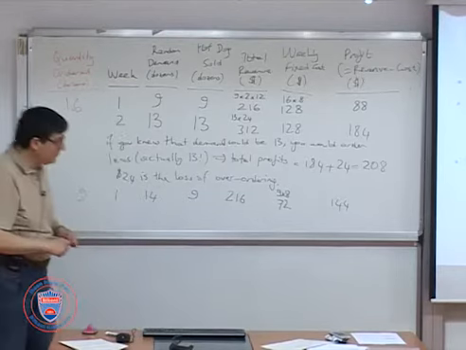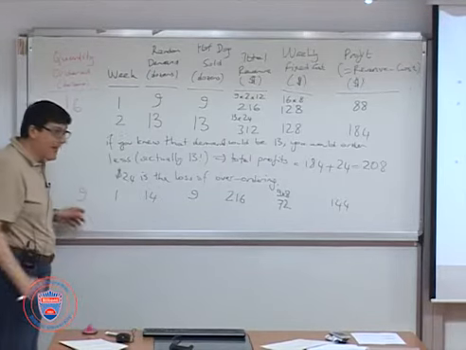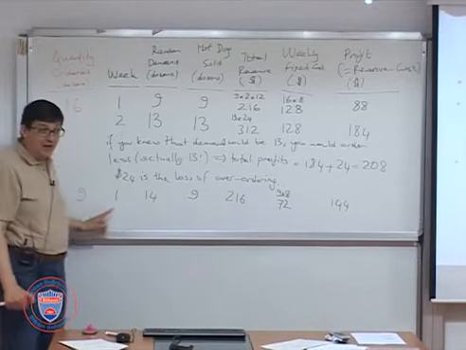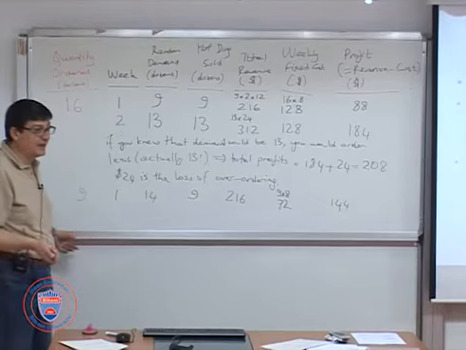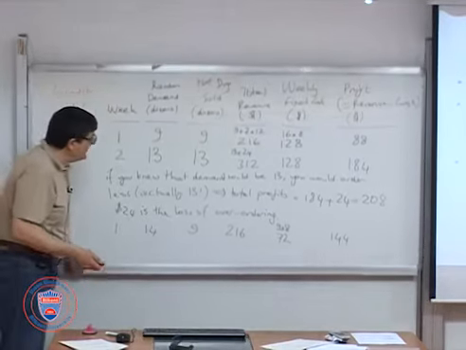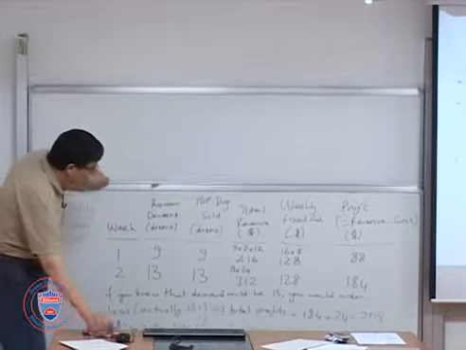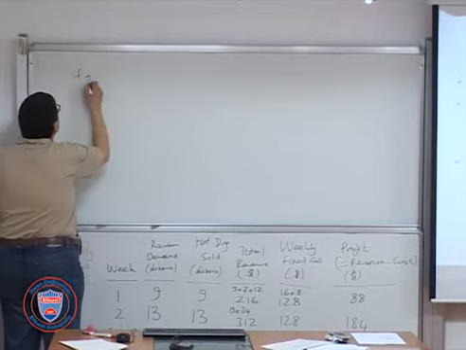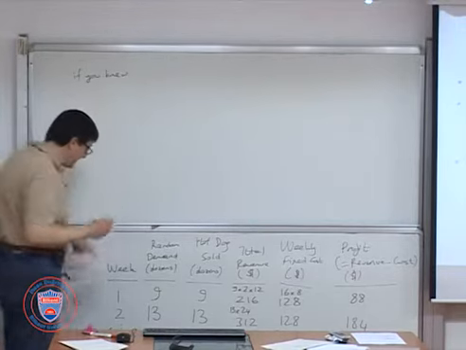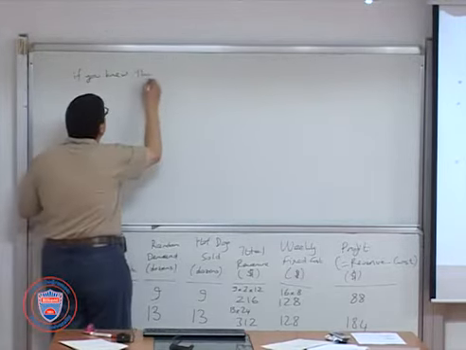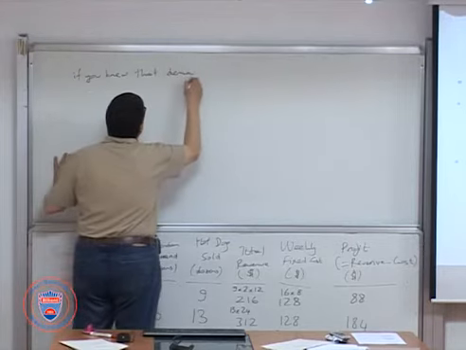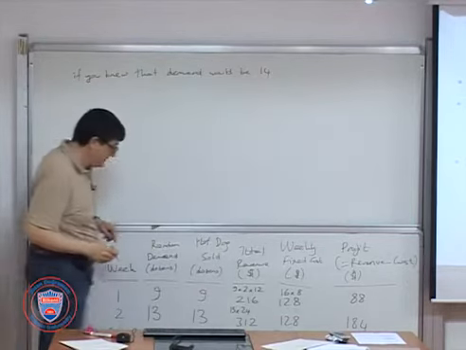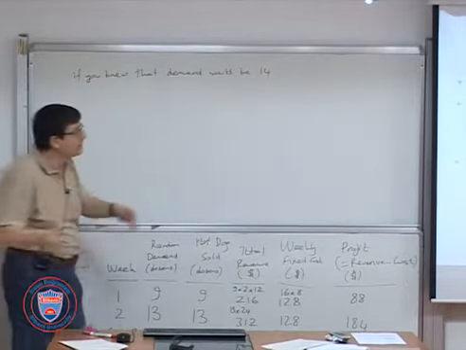Okay. Now, again, at this point, I lost some money because if I predicted the demand, I would be able to order more and make more money. So let me write that over here. So if you knew exactly that demand would be 14, then you would have ordered 14.